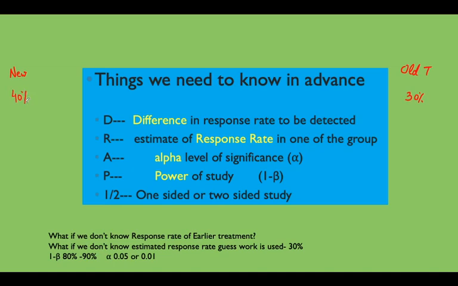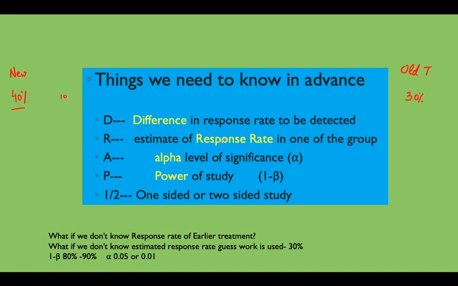This is just an estimate, a proposed value. You can formulate your understanding on any of these numbers. To be on the realistic side, the difference is usually calculated as a 10% to 20% increased response rate. So the difference here would be 10%, because 40 minus 30.